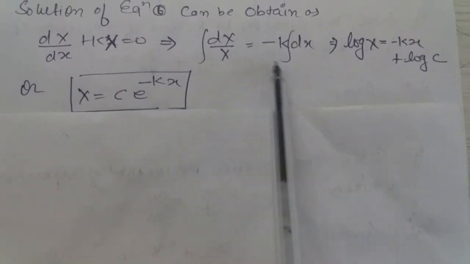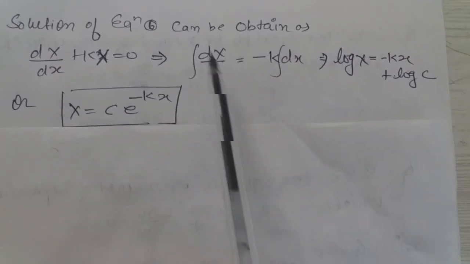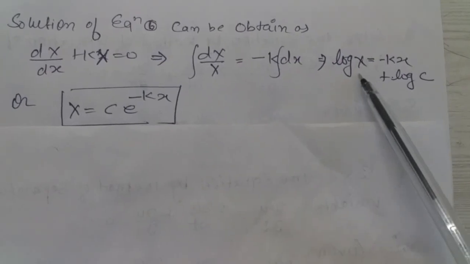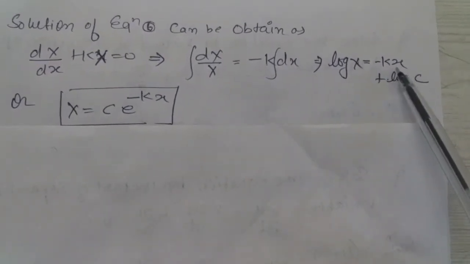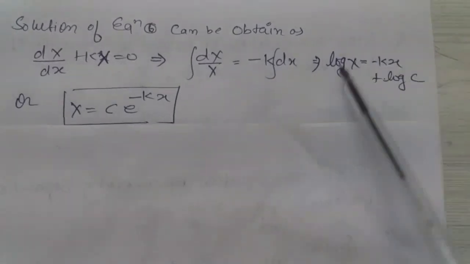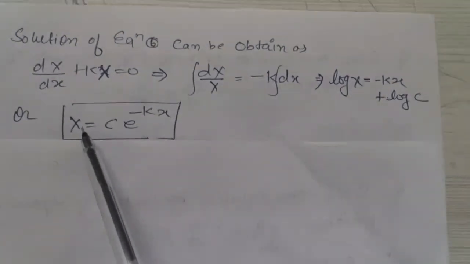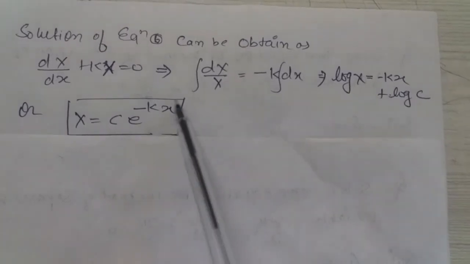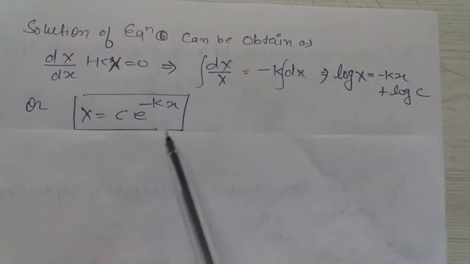So the variables are separated, and therefore the solution can be obtained by integration. So we integrate this expression, we get log X equal to minus kx plus log c, constant of integration. And now applying the properties of log, we get X equal to c into e^(minus kx). So this is the solution of the second ordinary differential equation.